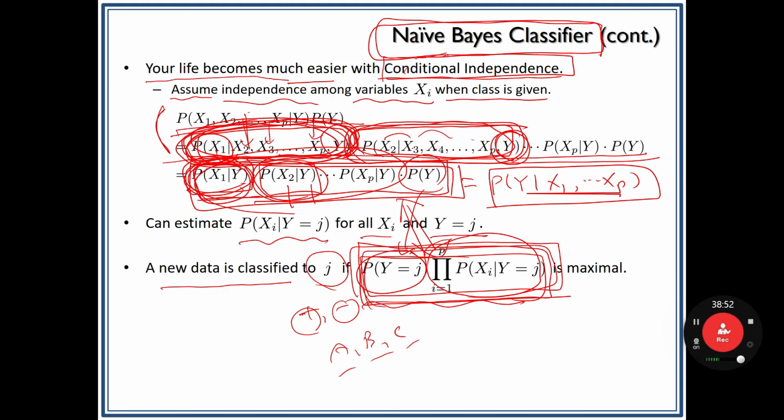The reason that we add naive here is because we make this conditional independence assumption. In the real world, it's possible that there are some dependencies among the x variables, but we simply assume that they are independent. That's why this classification method is called naive-Bayes classification.